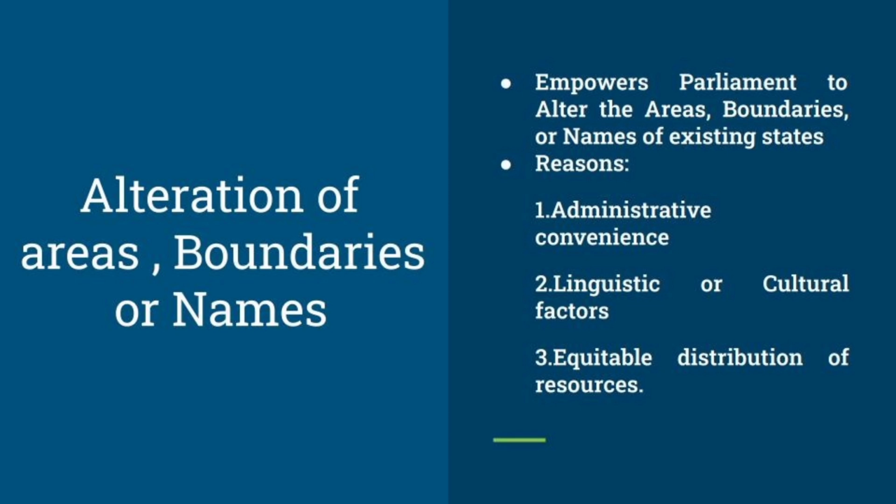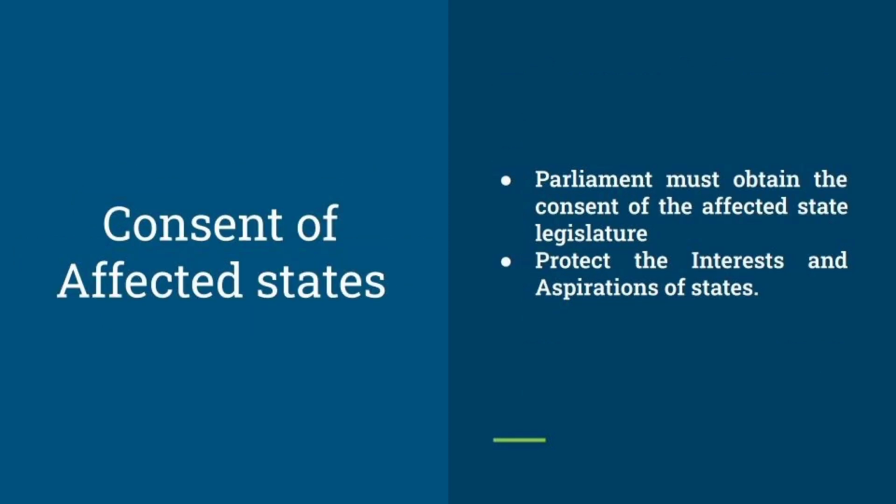And the fourth provision of Article 2 is consent of affected states. In the third provision we saw that the Parliament can alter the areas, boundaries or the names. So in the fourth provision it says that if such an alteration affects the territory of existing states, Article 2 stipulates that the Parliament must obtain the consent of the concerned state legislature.